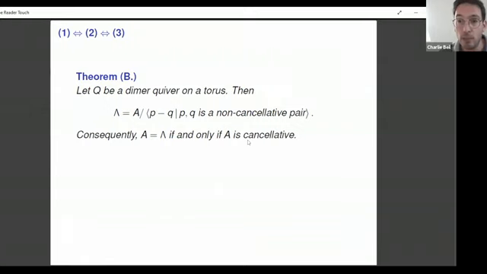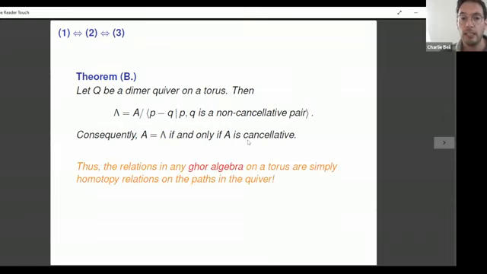But in the torus case, lambda is equal to the quotient of A, the dimer algebra, by all the differences of pairs of non-cancellative paths. So what this means is A is equal to lambda on a torus if and only if A is cancellative. But on higher genus surfaces, this won't hold up.